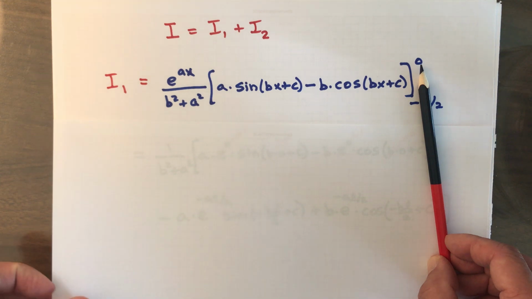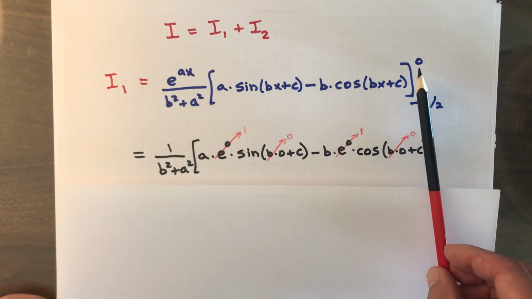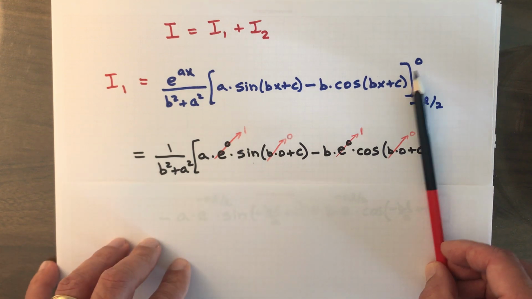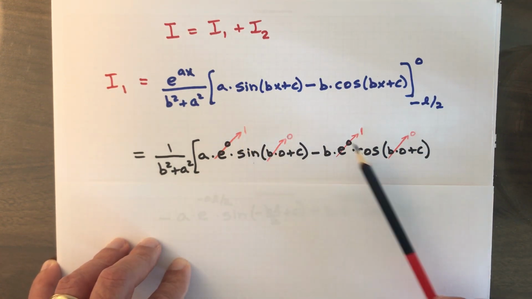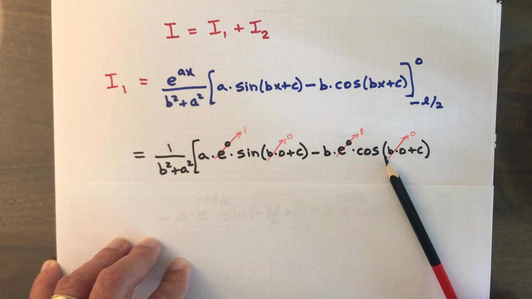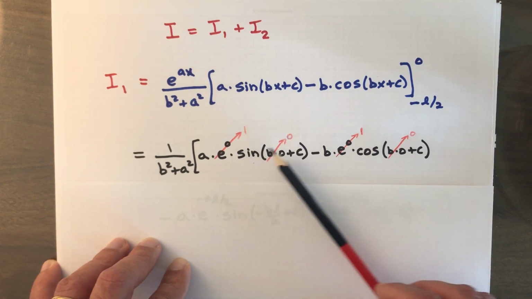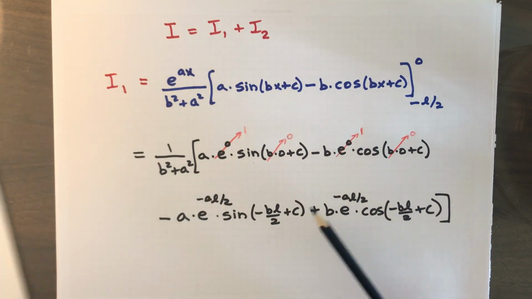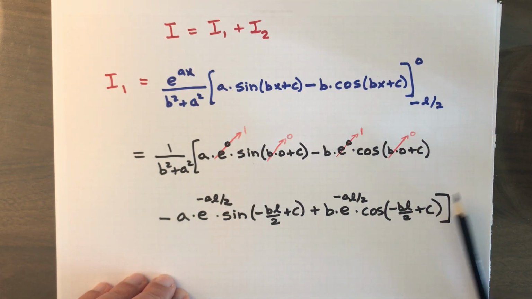As soon as we start inputting the 0 upper point of integration, we notice that we end up with e to the 0, which goes to 1. This subterm goes to 0, so that gives us a cosine of c and a sine of c, plus the lower integration boundary, which gives us this term right here.